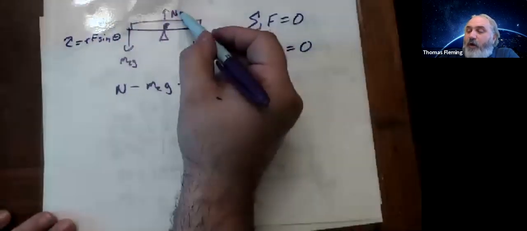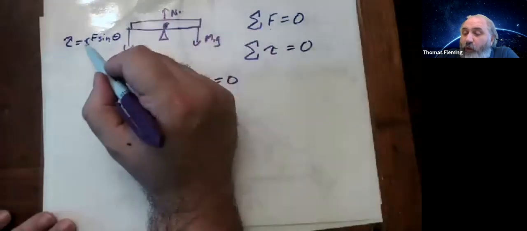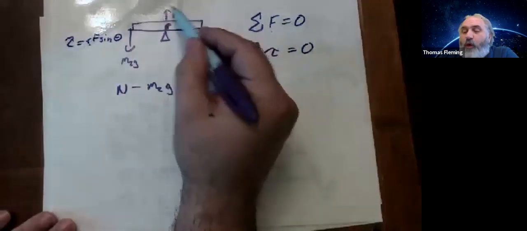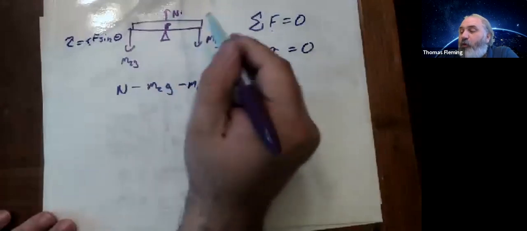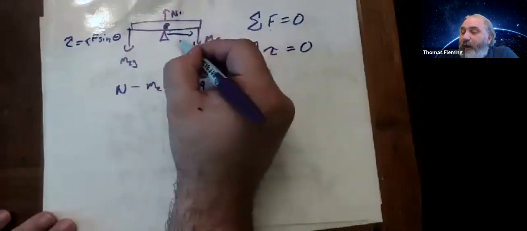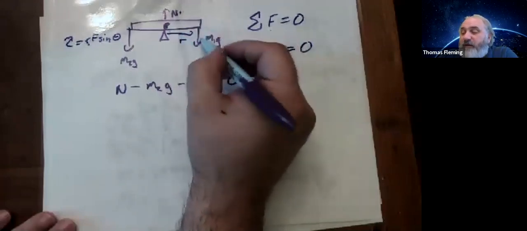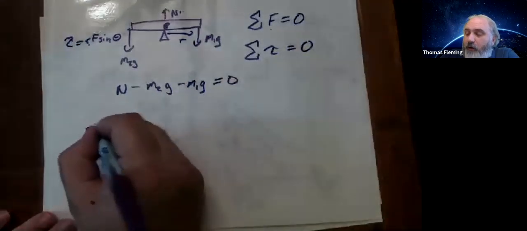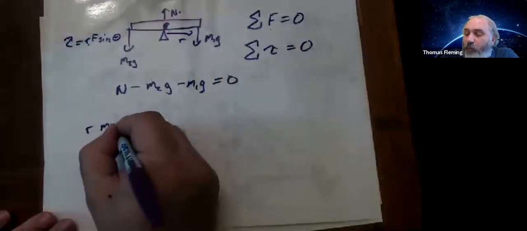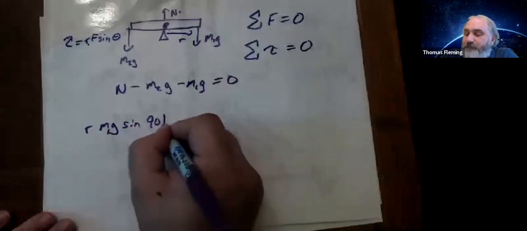Well, for n, the R would be 0, because it's happening right there at that spot. If R is 0, the whole thing is 0. So no torque from this guy. I'll get torque from this guy. For this one, R would be however far that is. F would be this. The angle would be 90 degrees, so I'd have R times m1g times the sine of 90.